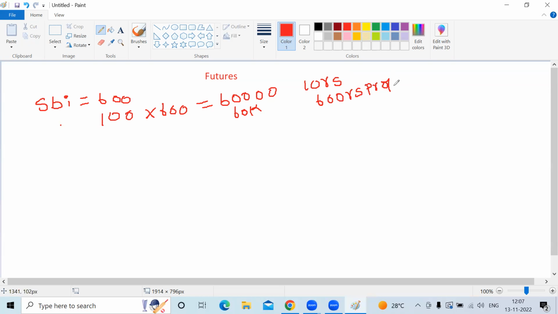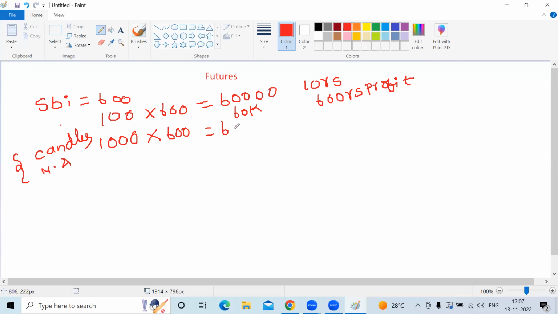600 rupees profit. Okay, say you are very good in the stock market and you want to buy 1000. You analyzed the charts using candles or moving averages or some technical analysis or fundamental analysis. You got to know that SBI is going to increase, let's say 20 or 30 rupees, and you want to buy 1000 shares.